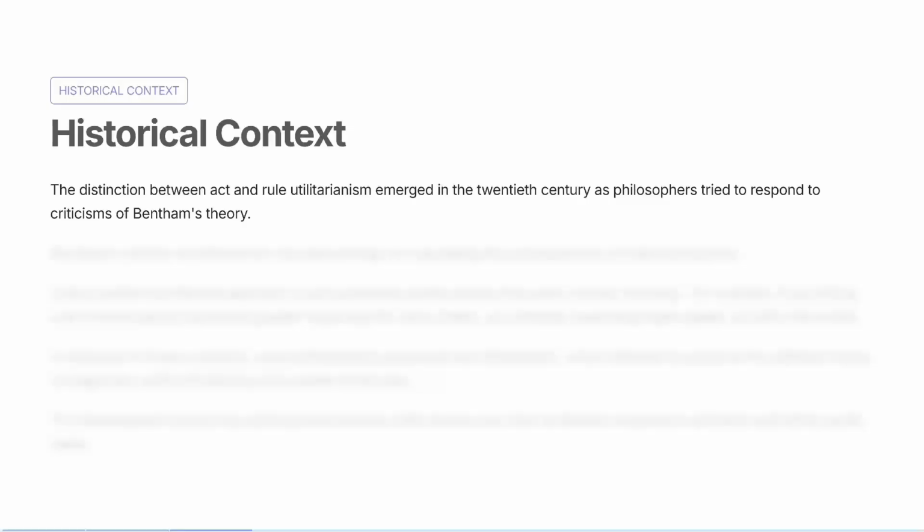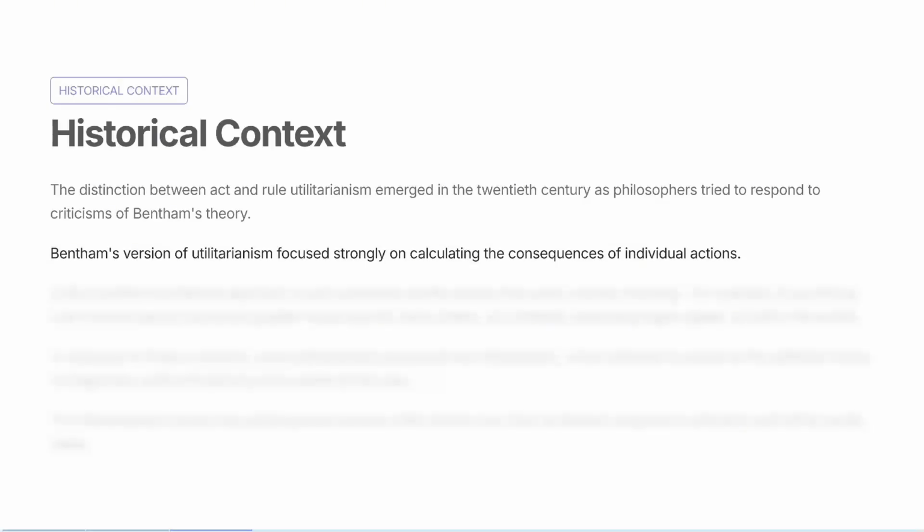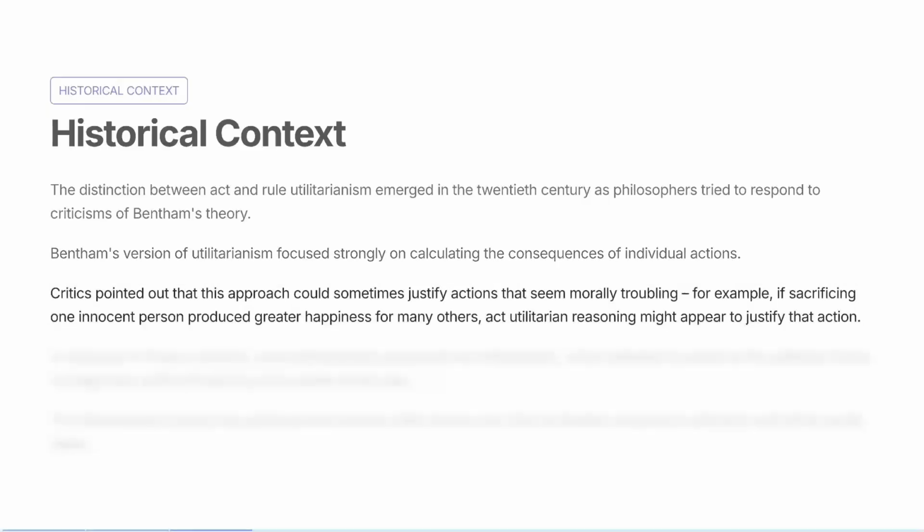There's a little bit of historical context around the distinction between act and rule utilitarianism, which emerged in the 20th century as philosophers tried to respond to criticisms of Bentham's theory. Bentham's version focused strongly on calculating the consequences of individual actions. However, critics pointed out that this approach could sometimes justify actions that seem morally troubling.